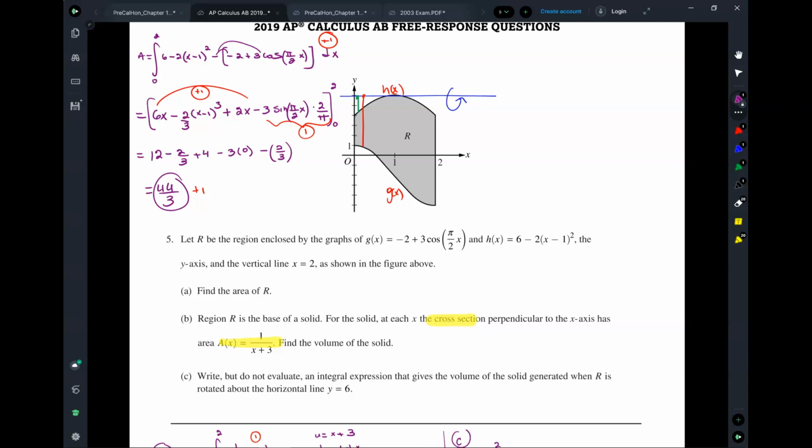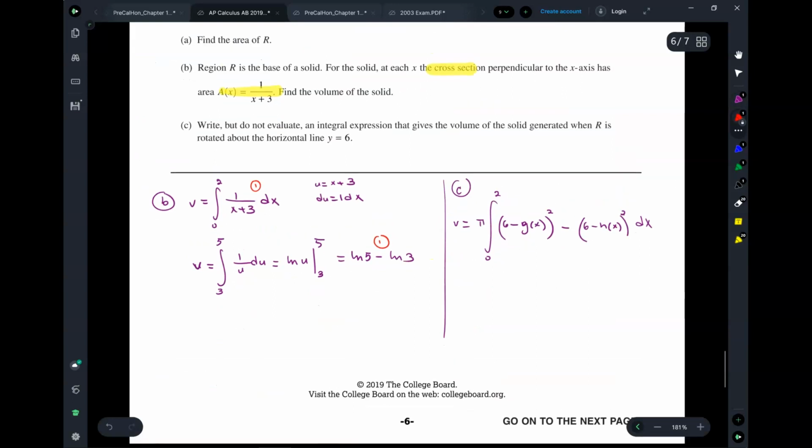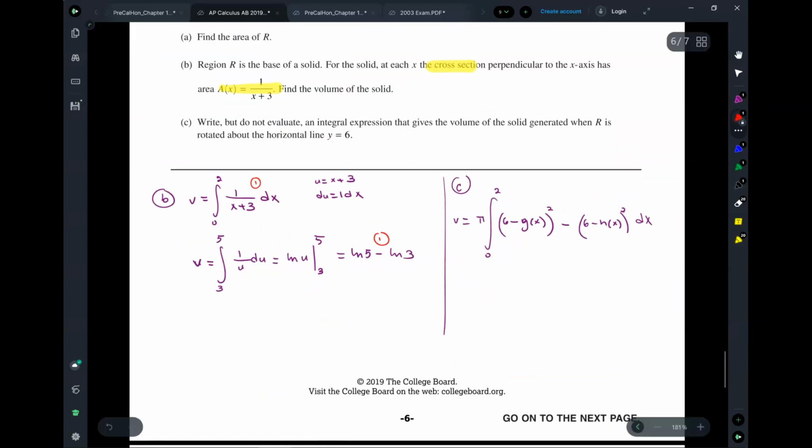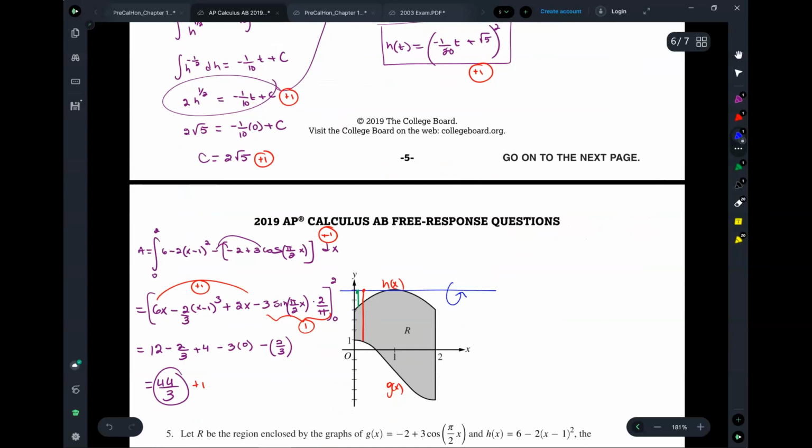This is a 3-point problem. We get 1 point for the limits and the constant, so these together are 1 point. How do you know it's 0 to 2? Because it's always from here, 0 to 2.